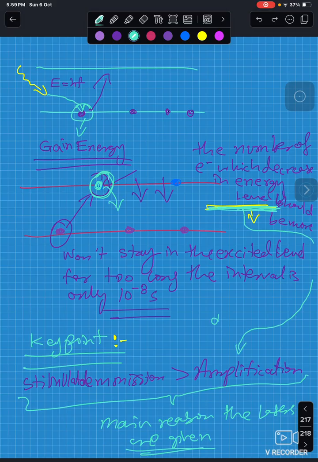Now, one more thing. When this photon gives energy to this electron, it goes up in level, but when it decreases in level, the same thing happens: it will give out energy, which is photons.